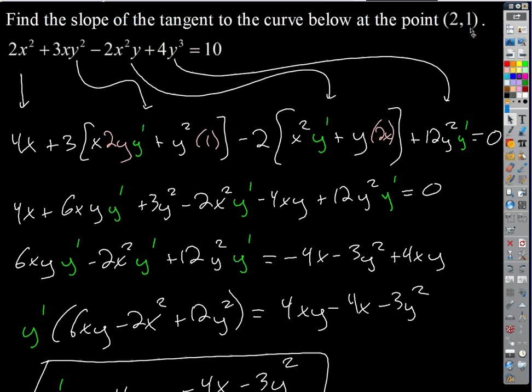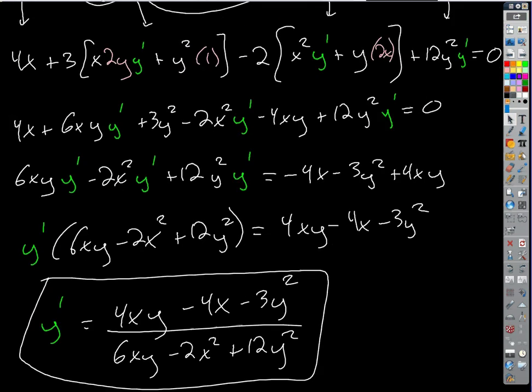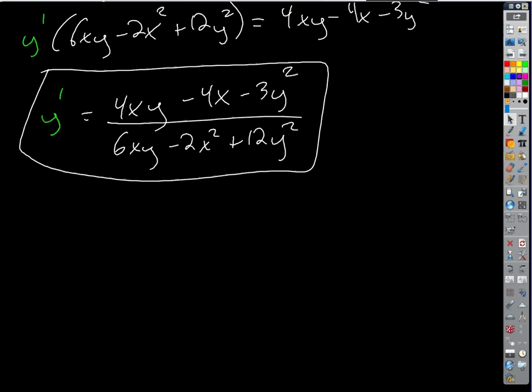If we wanted to find the tangent line to the curve, here are my values of x and y, and then really all I need to do is find the slope at that point. To do that, I would plug the 2 for x and 1 for y into this, correct?